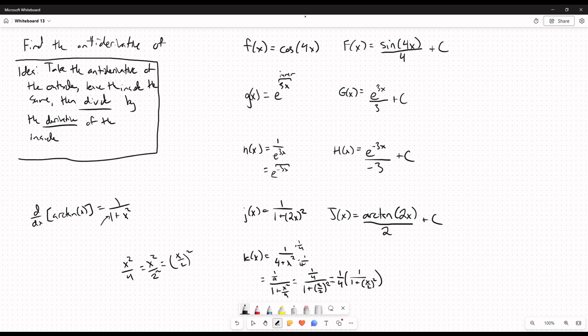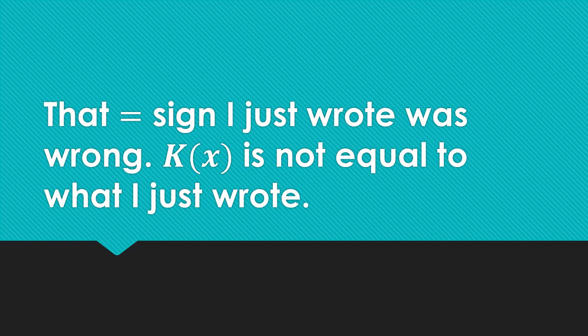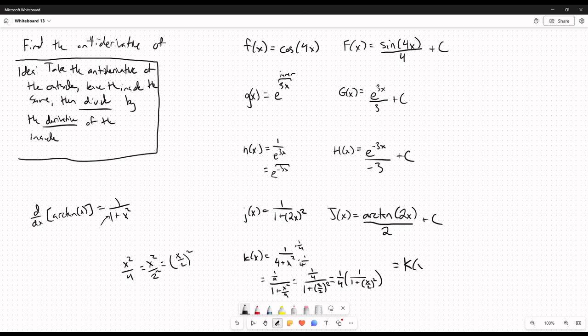Having it like this, I note that I can combine this with the constant multiple rule to take my antiderivative. So I'm going to start by pulling out my constant multiple of 1/4, and now I'm just going to look at what's left. Well, this looks like the antiderivative of arctangent, but x has been replaced with x over 2. So take the antiderivative of the outside, that's going to be arctangent of x over 2.